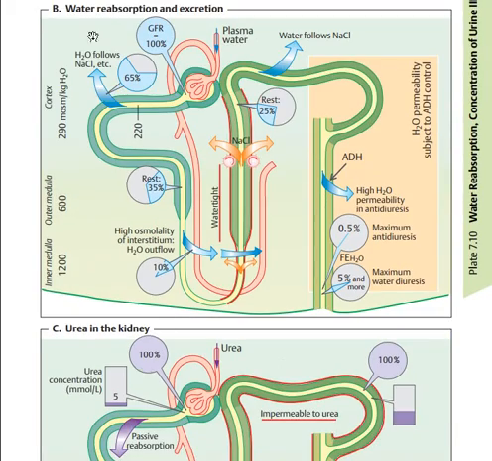So now we have water reabsorption and excretion. We see here that as the plasma enters, the glomerular filtration rate of water is 100%. So 100% of water is going to flow. You have 65% going to be reabsorbed with sodium chloride. Here you are going to have the rest, 35%. The 35% are also going to be reabsorbed inside the loop of Henle, and they're going to move up here.